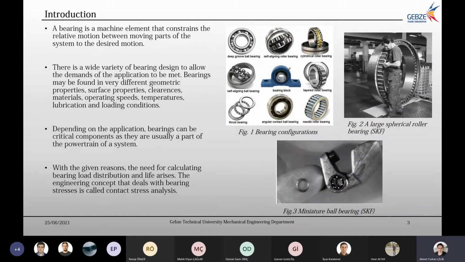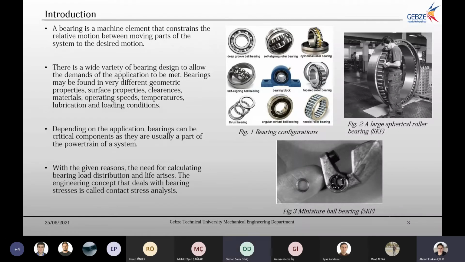The literature review part, well, we actually all know about bearings. Some know more than others, but bearings are used everywhere in the industry, and they are very critical components because they are usually used in the powertrain systems of any vehicle or any system.